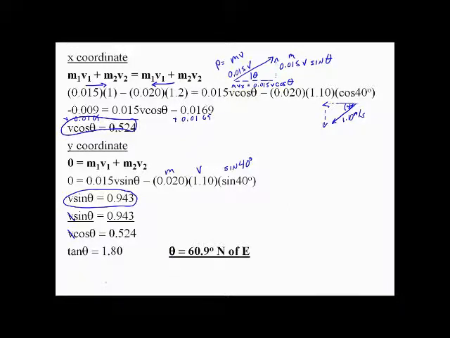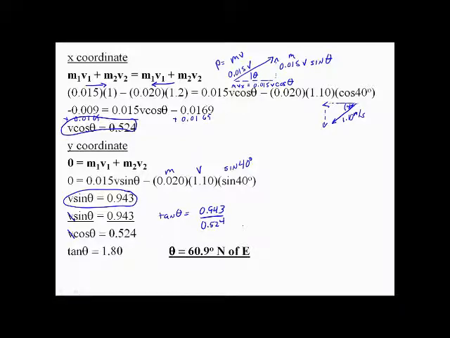And if you know me, I'm a big fan of sine over cosine because that's tangent. So this ends up being the tangent of theta. I'll show one more step as 0.0943 over 0.0524, and when you divide that, you get 1.8.